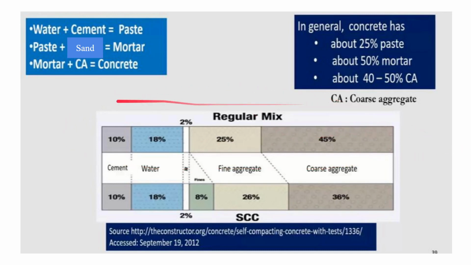In self compacting concrete, everything is the same, only in the aggregate there is 8% more fines, which results in a reduction of coarse aggregate, and that's why it has much more workability. With this we come to the end of this week's lectures.